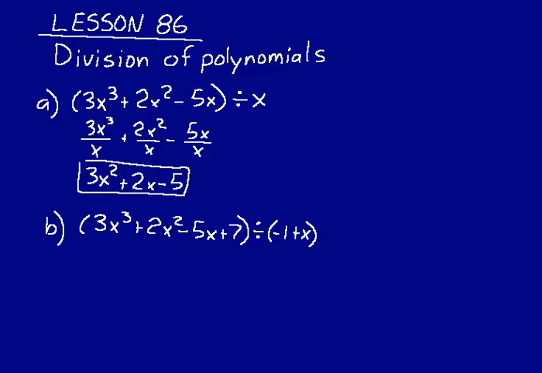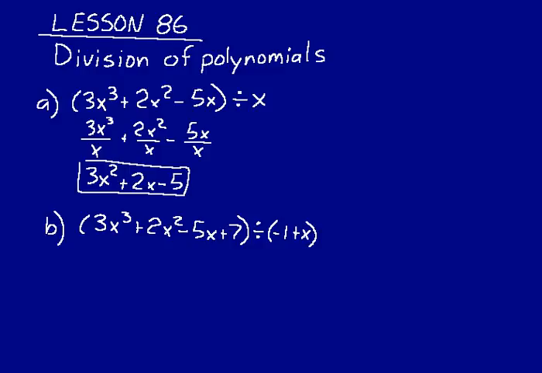So problems like practice problem A, those are pretty easy to do. Where it gets complicated is if you have to divide by a binomial, like in practice problem B. And the best way to set this up is to change this to long division format.